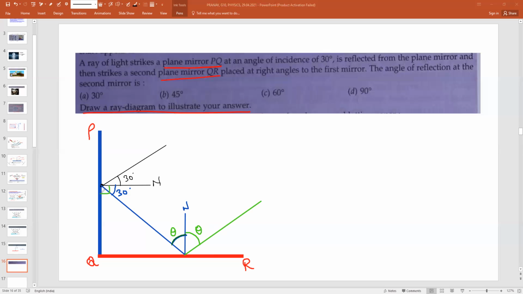We know that the whole is 90. So if the whole is 90, this angle will become 60 degrees. This is 60, this is 90, so this angle will be how much? 30. So this will become 30, and here it will become 60. That's why 60 is the correct answer.